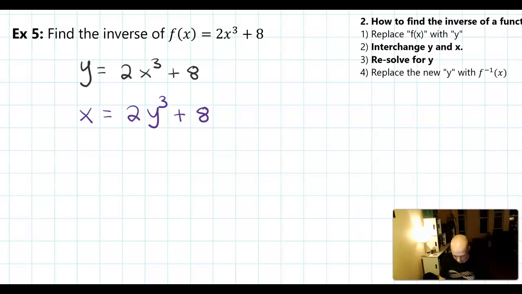I'm going to have to take a cube root to get rid of that cube, but before I can, I need to get the y cubed all alone. So we have to take away 8 first. And divide by 2 first.